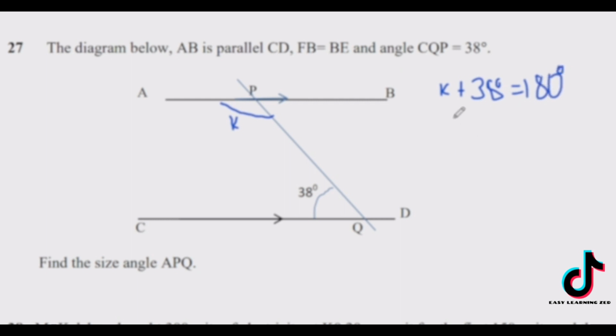We put like terms together, then K is equal to 180 degrees minus 38 degrees, which gives K is equal to 142 degrees. That is the value of this angle here.